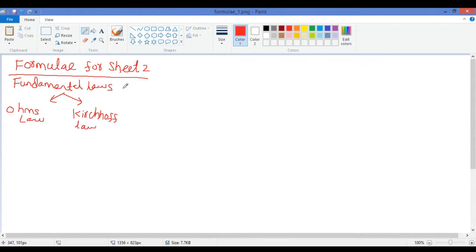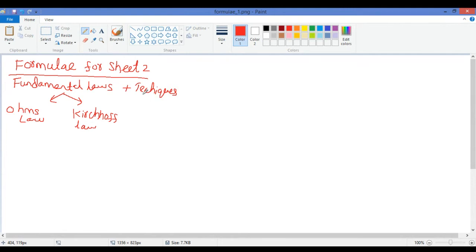And also with this we will see some techniques. What are those techniques? There are many techniques that we have: combining resistors in parallel, combining resistors in series, voltage division, current division, delta to Y and Y to delta transformations.